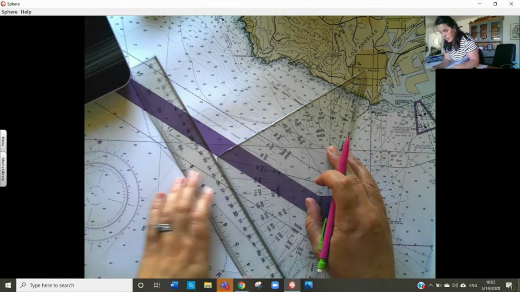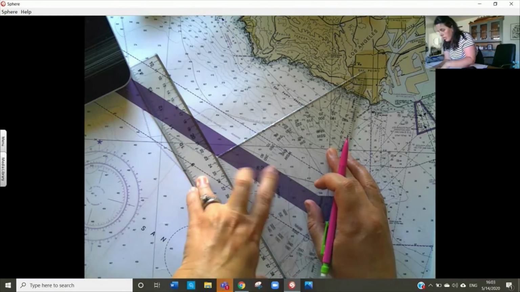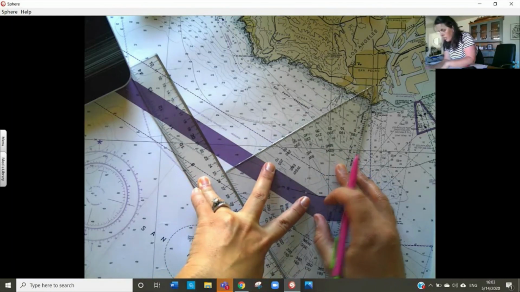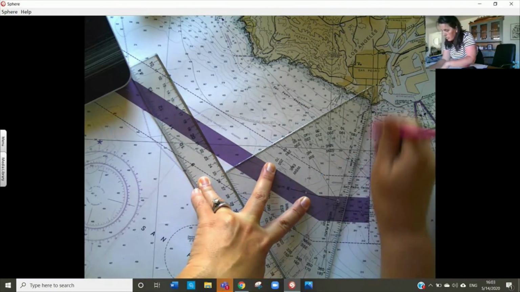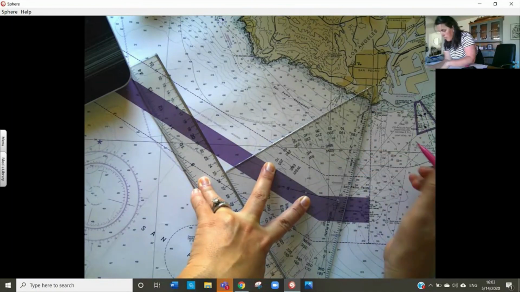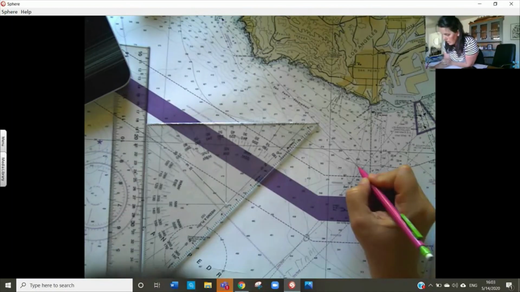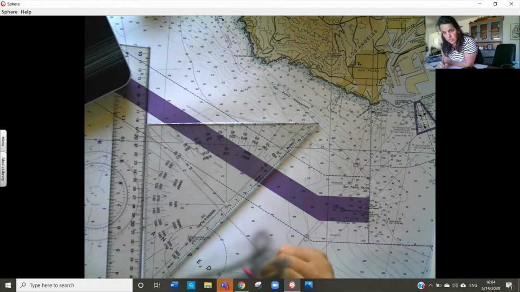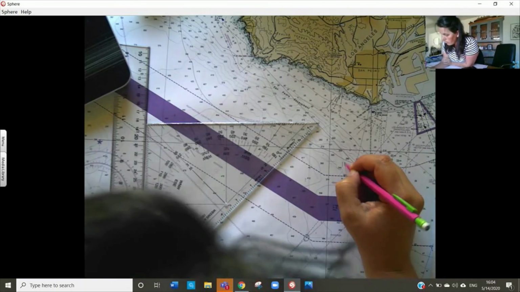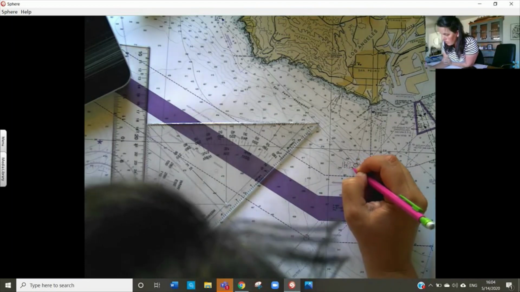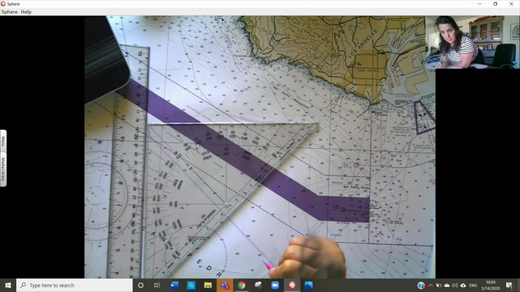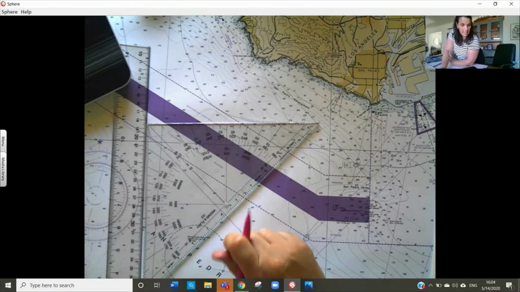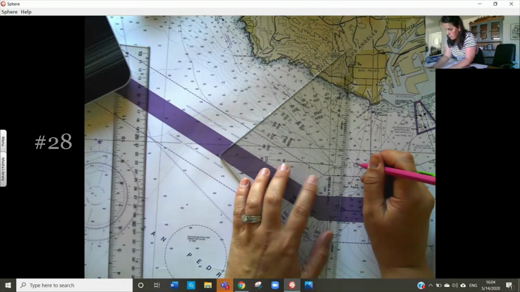And then I put something against the small side, and I can move it down to Point Fermin and draw in my line. So now right here where those two cross is my 1612 position. So I need to get the latitude and longitude.